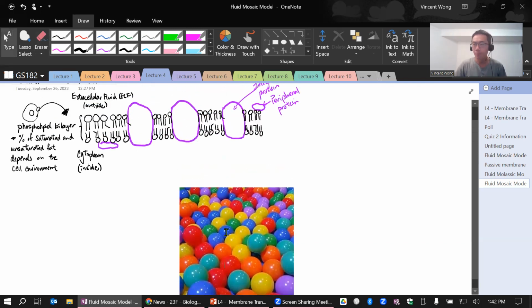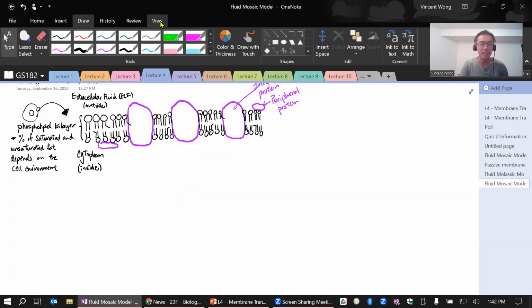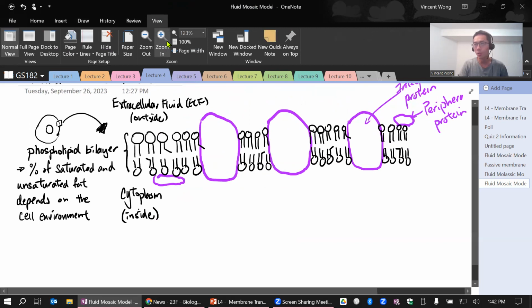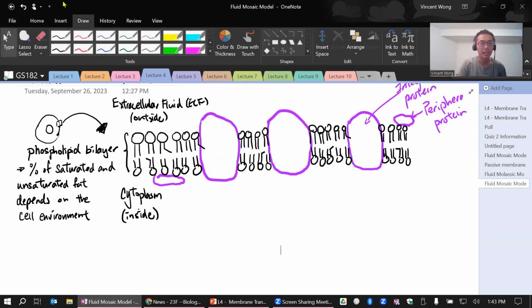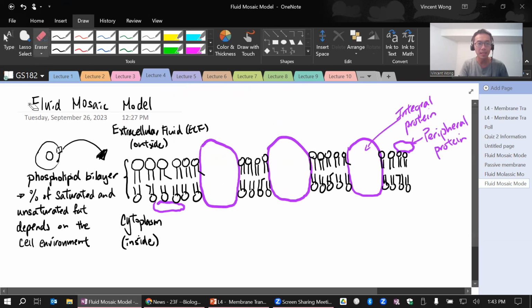Now keep that picture in your mind and see if this makes sense to you. Those balls are not static, right? They're not fixed in place. They can shift from one place to the other, and that's what fluid means.